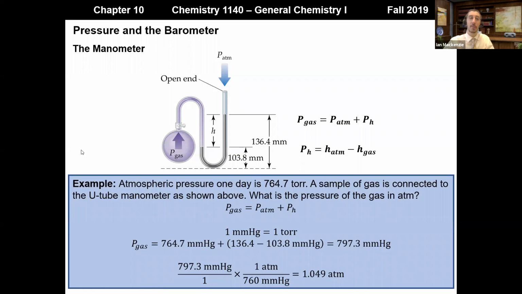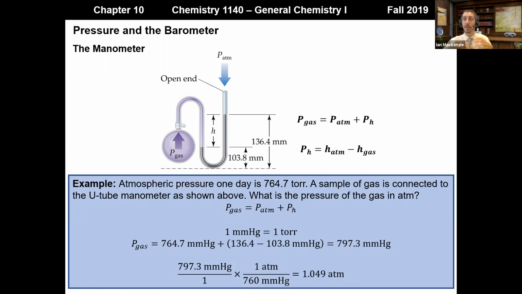If it's greater than the atmospheric pressure, then the gas is going to push the mercury farther down away from it, and so the height on the gas side is going to be lower than the height on the atmosphere side. If the opposite is true, if the pressure of the gas is less than the atmospheric pressure, then atmospheric pressure is going to be stronger. It's going to push the height on the atmosphere side lower than the height on the gas side.